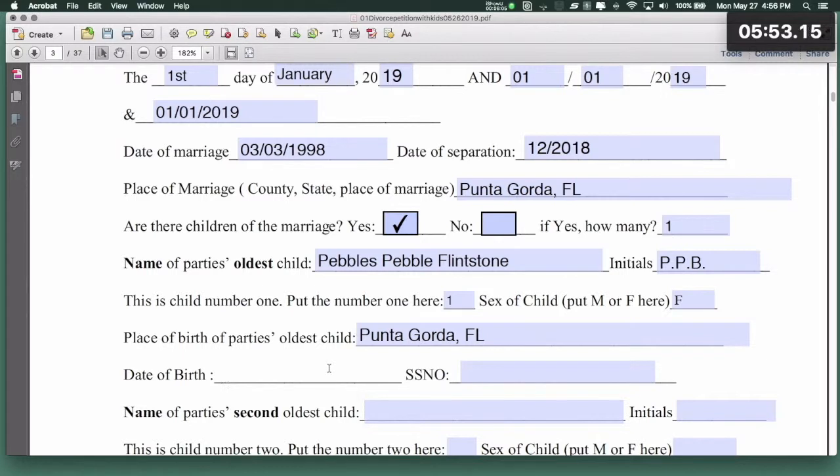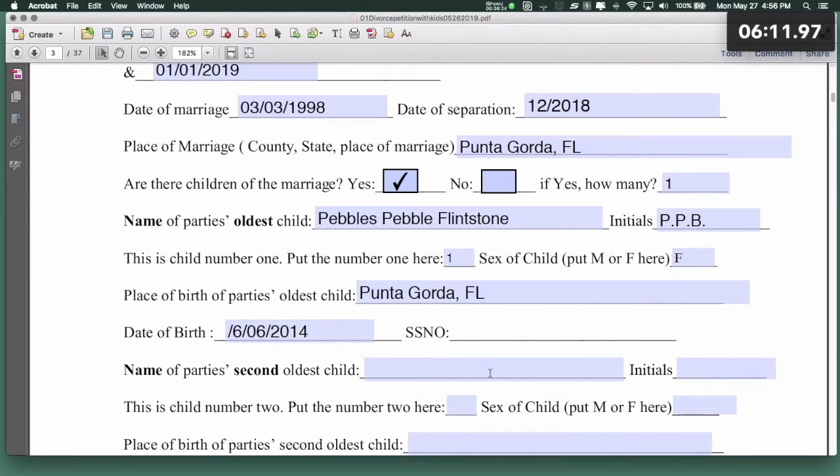Let's say she was born in 2000 and 19, I don't know. Let's say 6, 2000, I don't know, 14. We're just making it up. Social Security, she doesn't have one. I don't know what that would be. All right, let's fix this.